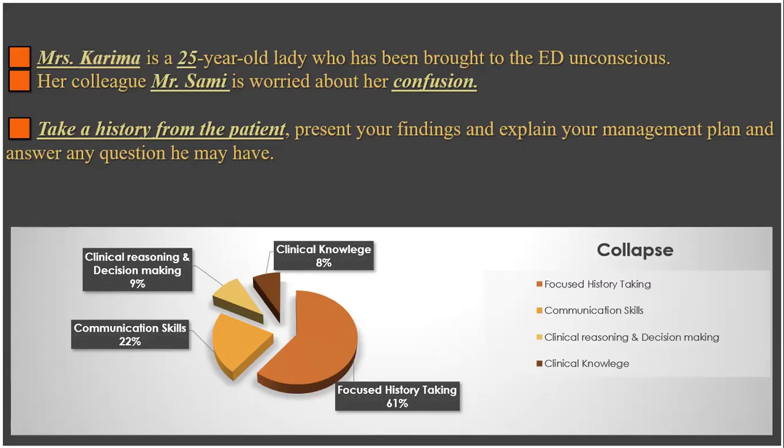There is no clear cause for your event, so we need to admit you under the medical team. Is it okay for you? Okay. Admit for how long, doctor? At least 24 hours. Okay, thank you. Your time is done.